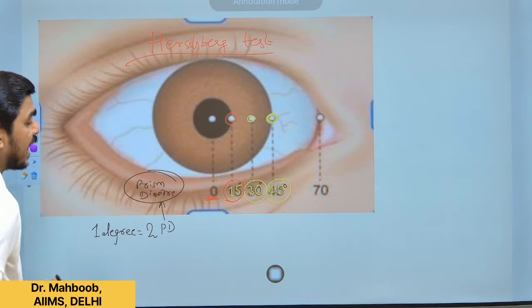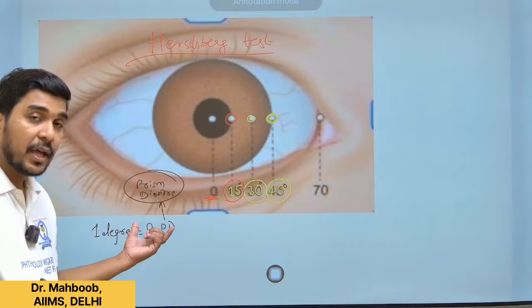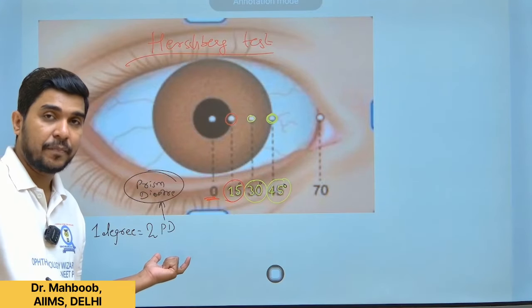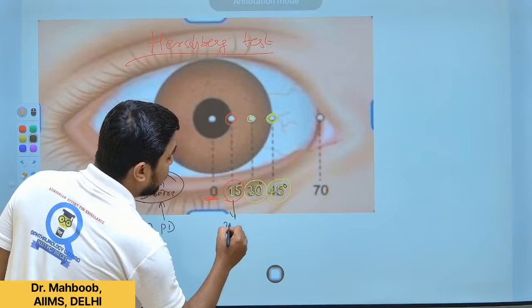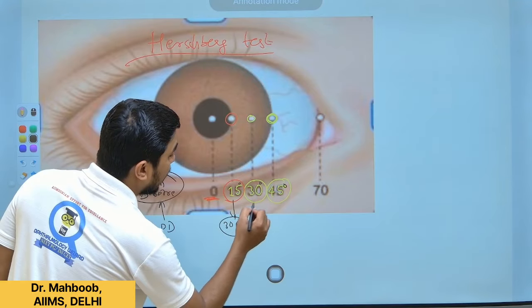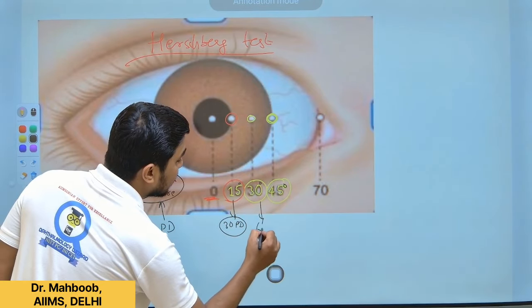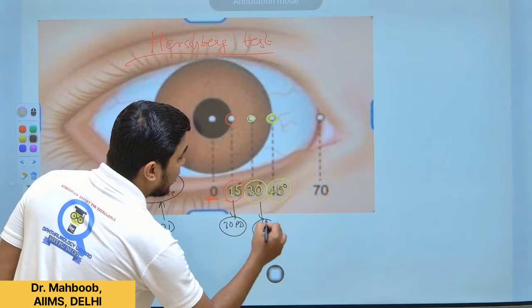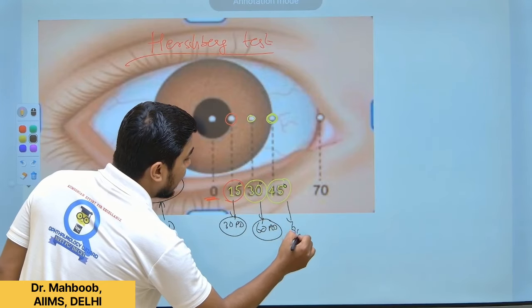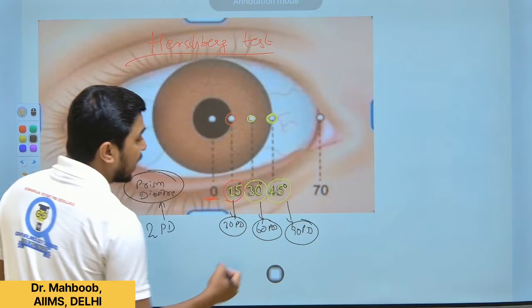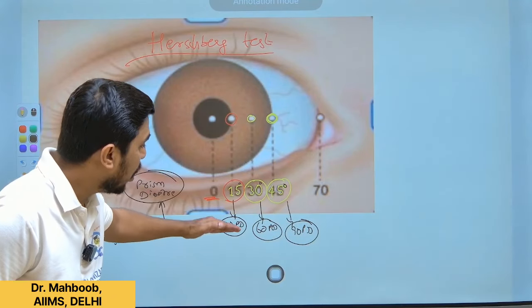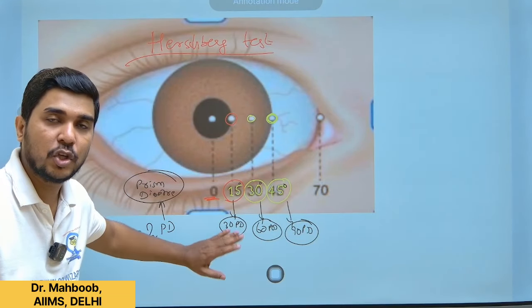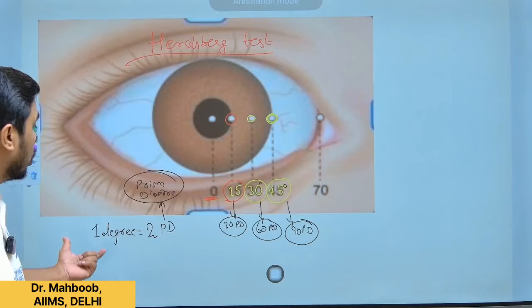If the examiner asks about PD, then you have to double the value. 15 degree means 30 PD, 30 degree means 60 PD, and 45 means 90 PD. The examiner can ask this in degrees or in prism diopter, so you have to remember 1 degree is equal to 2 PD.